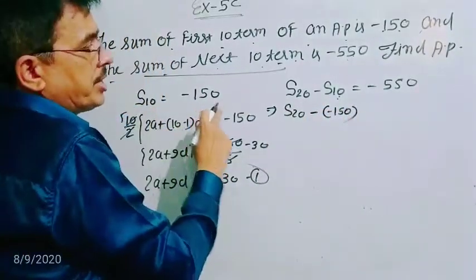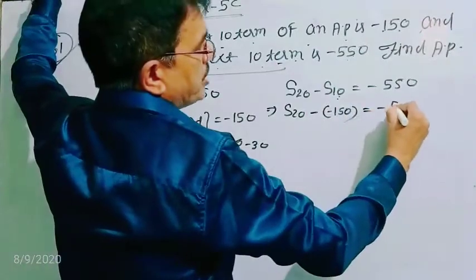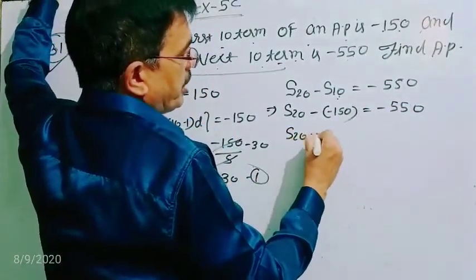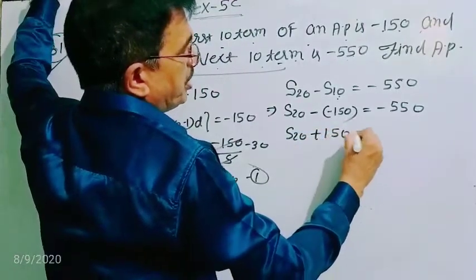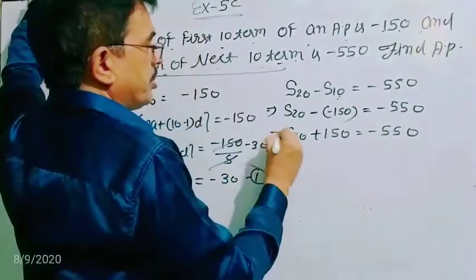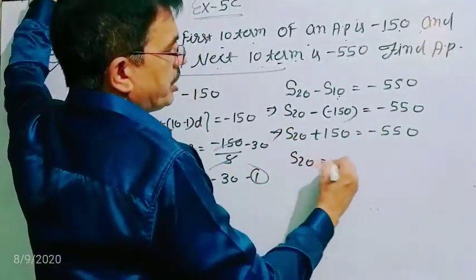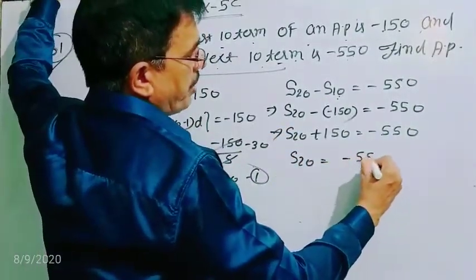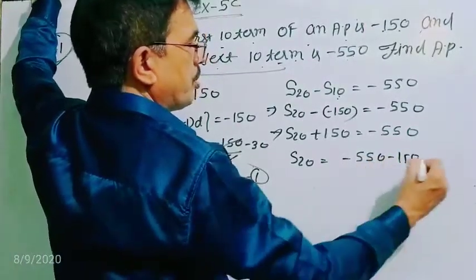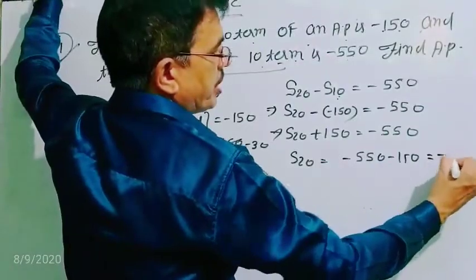So S20 plus 150 is equal to minus 550. So what is S20? That is minus 550 and minus 150, so you get minus 700.